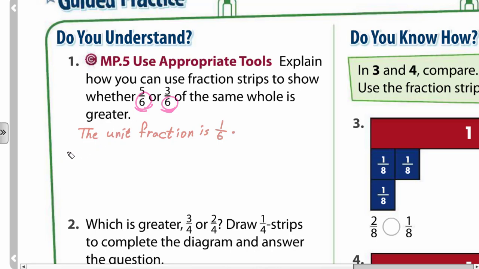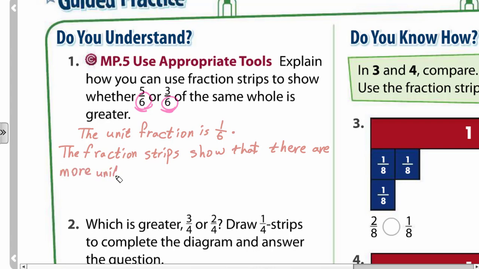So, when we draw, we will find that the fraction strips show that there are more unit fractions in 5 sixths than 3 sixths.